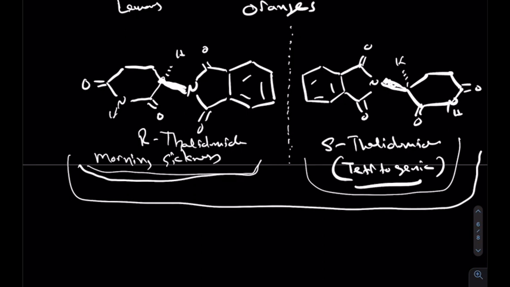Because chiral compounds can interact with each other differently, all right? And so as a consequence, we now understand and are much more cautious about giving people medication as mixtures of drugs.